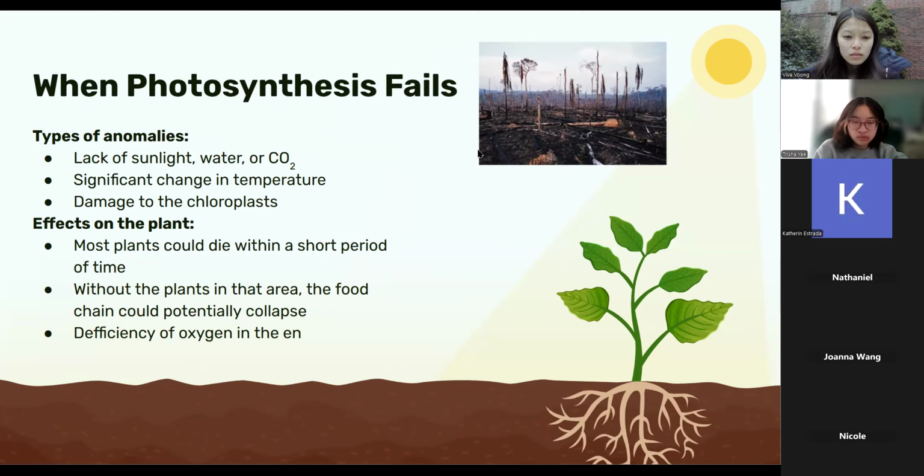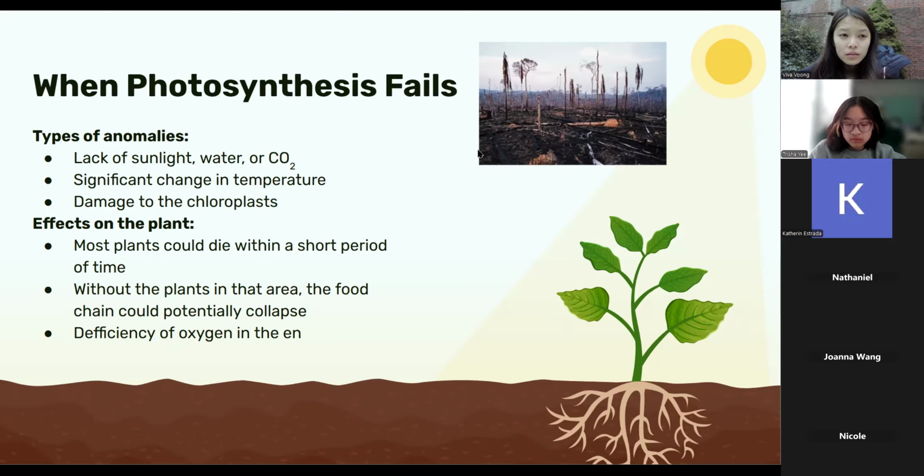There could also be damage to the chloroplasts, the organelles in a plant cell which convert sunlight into energy. When they're damaged, they can't properly convert sunlight into energy, causing a deficiency in the function of the plant.